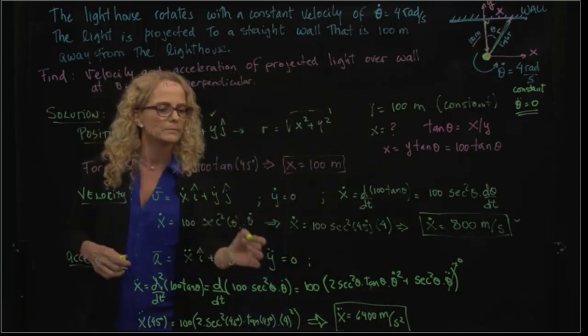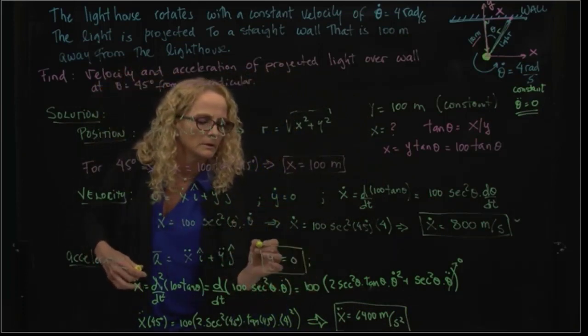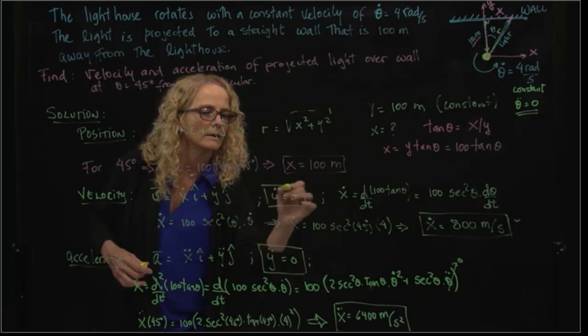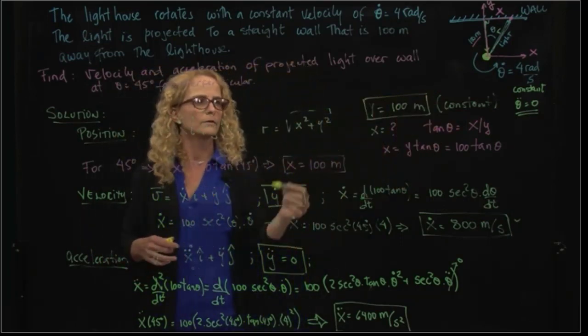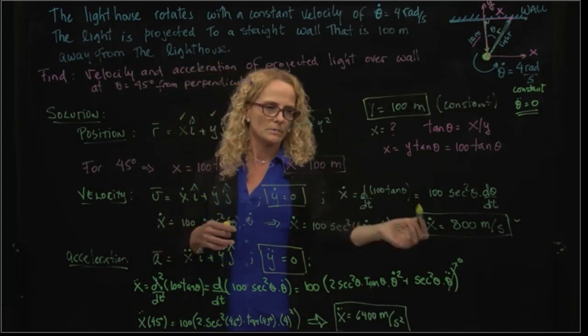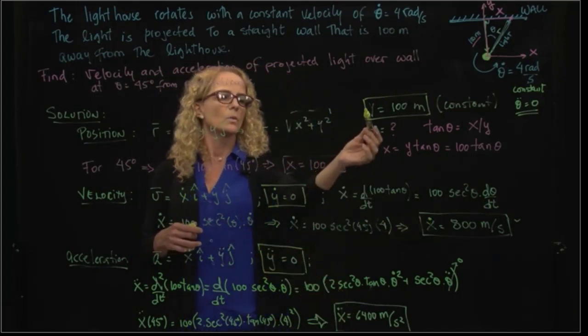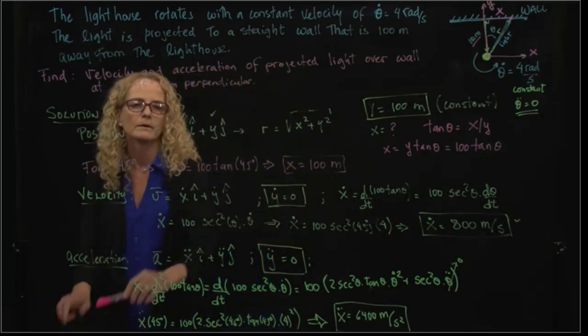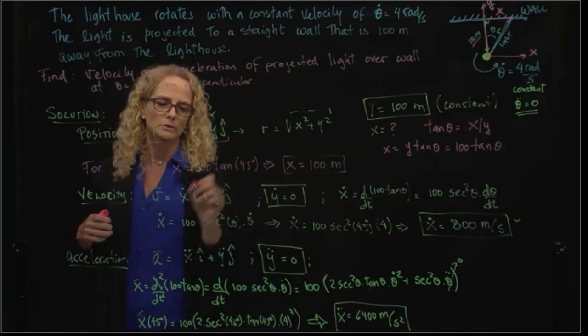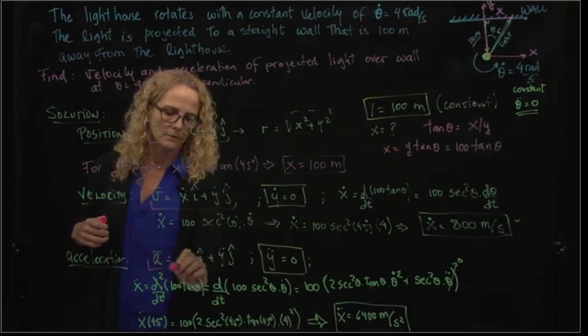We got everything. Let me put just the results in boxes so that we know that we have x dot and x double dot, y dot and y double dot. So we got the values for our position, our velocity, and our acceleration.